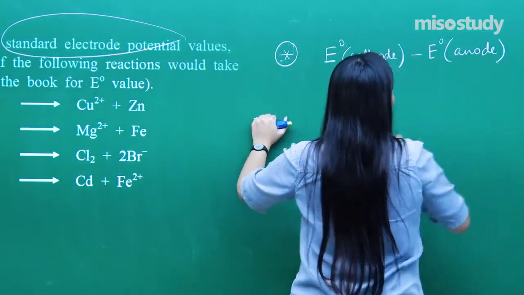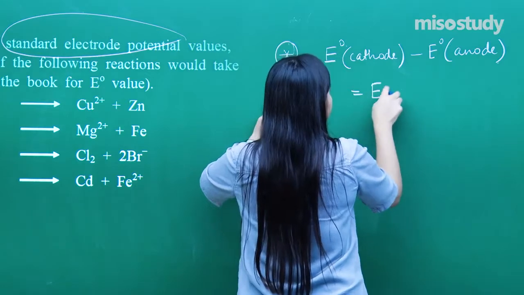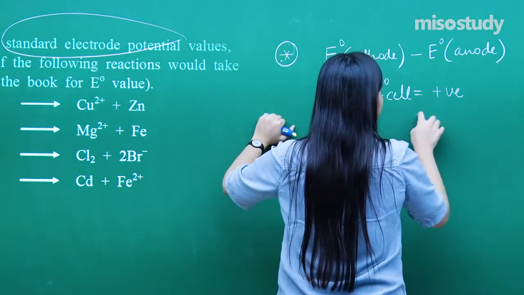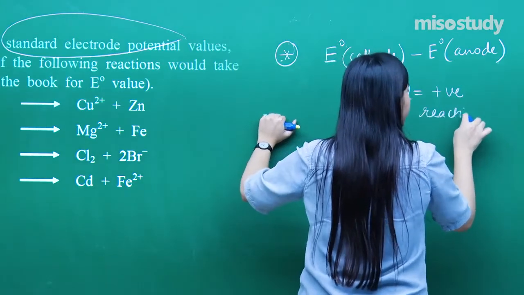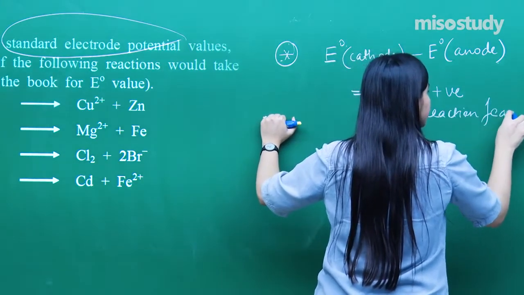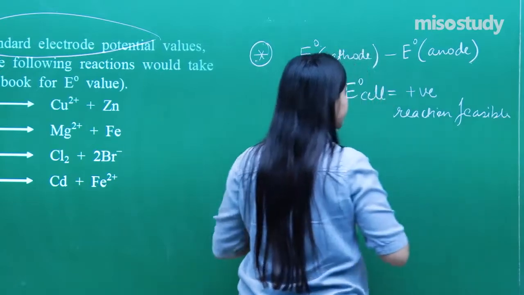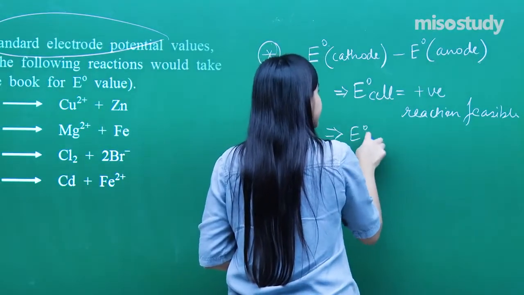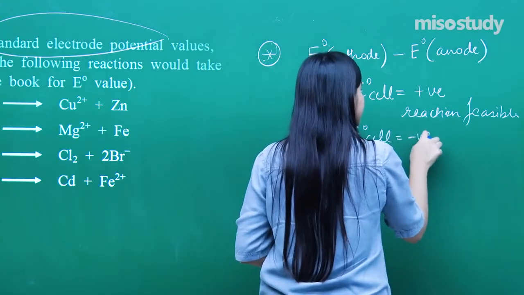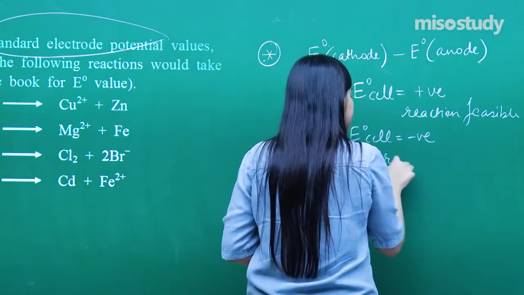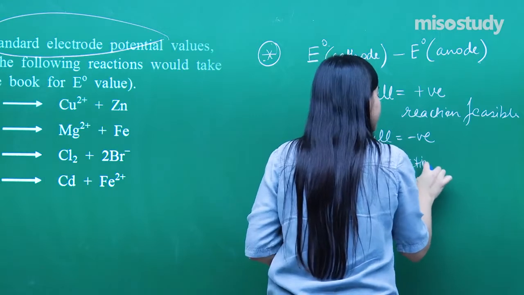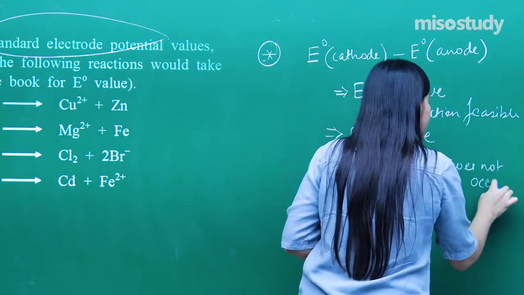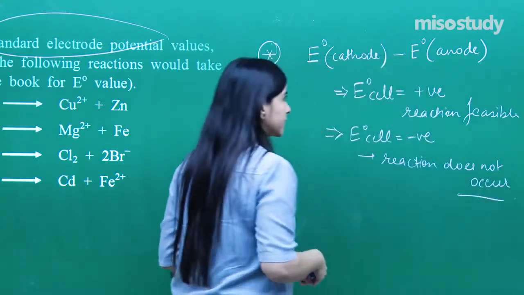If the final E naught of the entire cell comes out positive, then the reaction occurs, the reaction is feasible. If E naught of the cell is negative, that means the reaction does not occur. Clear?